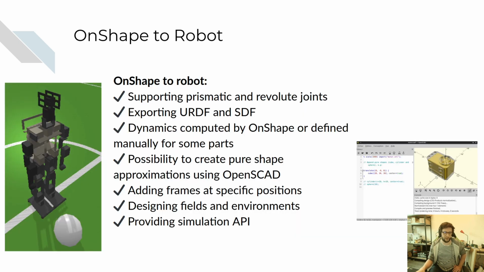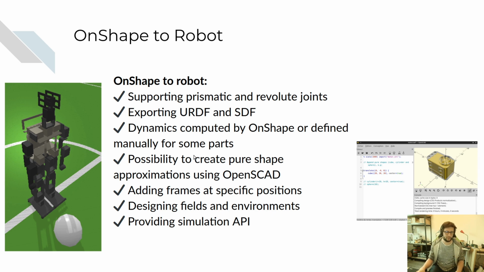So just as a quick overview of the features now, onshape-to-robot supports prismatic and revolute joints, and can export to URDF and SDF files. MJCF is not yet supported today. Dynamics can be computed by Onshape, because in Onshape all parts have materials that you can assign, or you can override those manually.